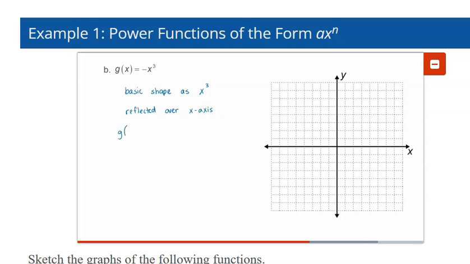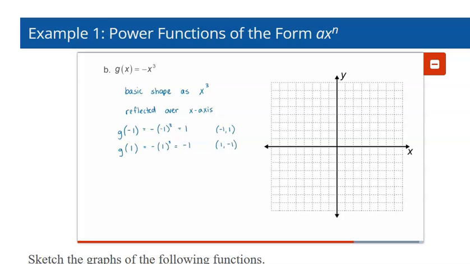Evaluating at x equals -1, we have g of -1 equals negative times -1 cubed, which is a positive 1. So we know the point -1, 1 will be on this graph. The second point we evaluate at x equals 1. So we have g of 1 equals negative times 1 cubed, which is -1. So the point 1, -1 will also be on this graph.